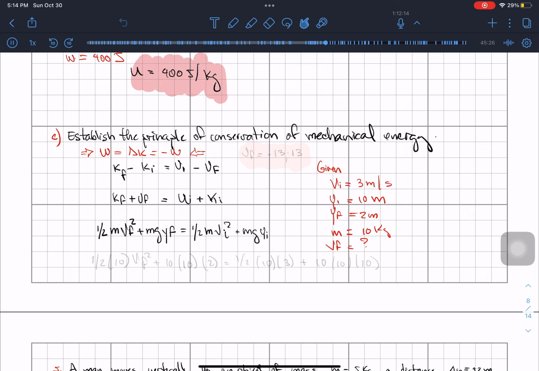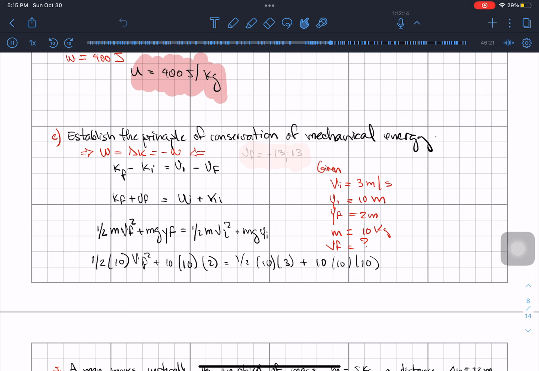Now let's just plug in the values into the equation. 1/2 times 10 times the final velocity to the second, which we don't know, plus 10 times 10 times the final position, which is 2, equals 1/2 times 10 times the initial velocity, which is 3, squared, plus the mass of the object, which is 10, times 10, which is gravity, times the initial position, which is 10.